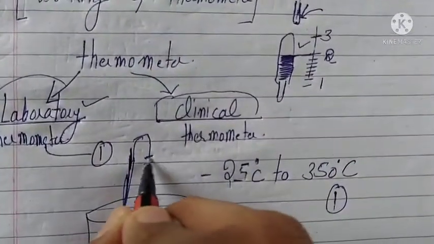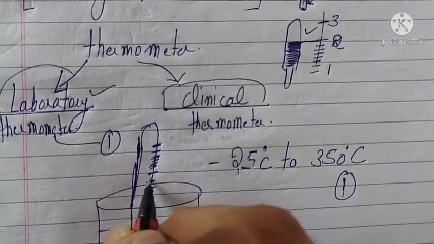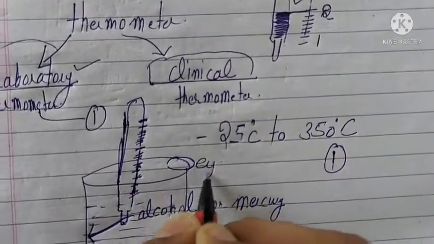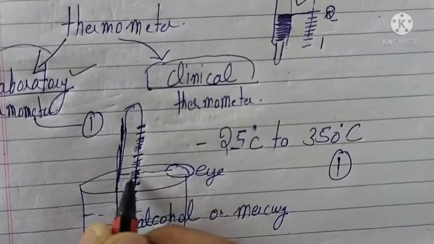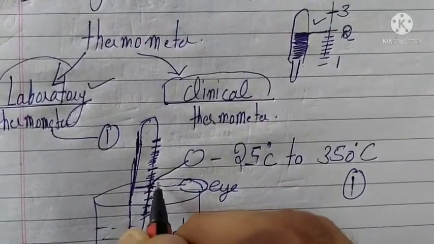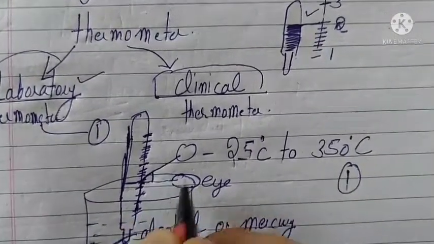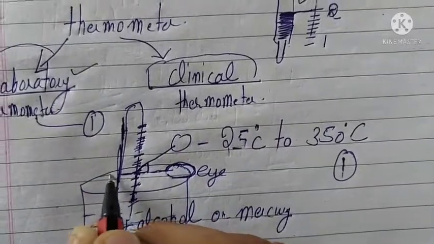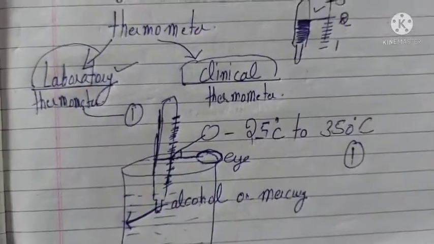And when you are noting the value of the thermometer, your eye level should be at the same level as the mercury. Your eye should not be here. It should not be looking at the mercury at this angle. The level of the eye should be the same as the level of the mercury.